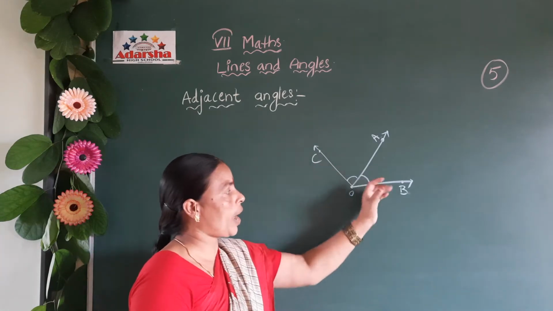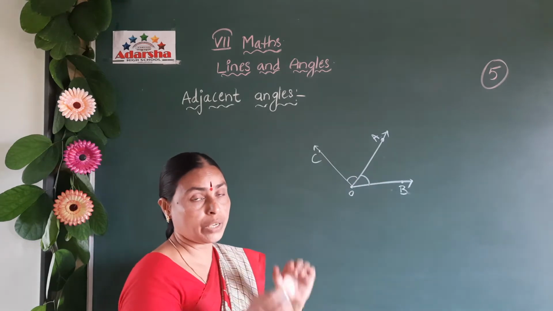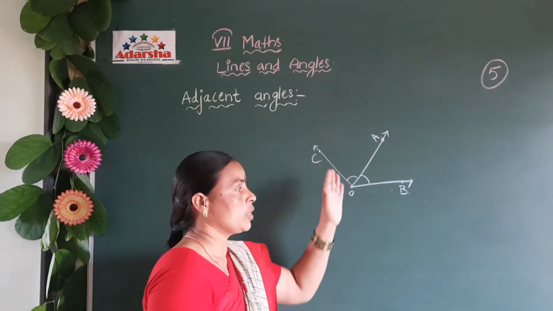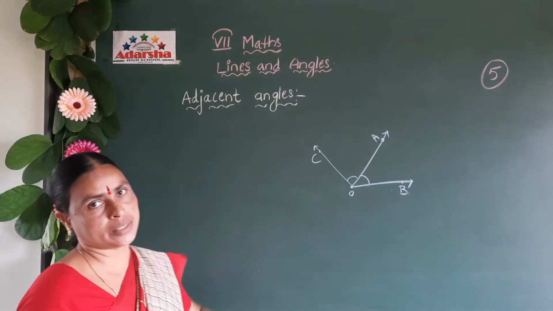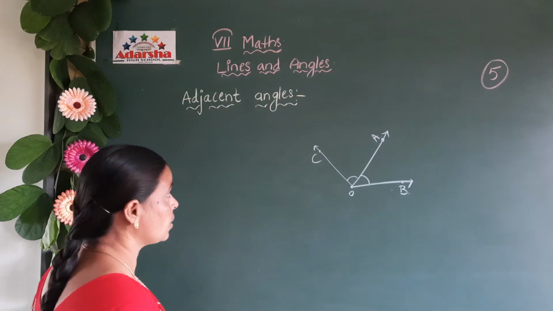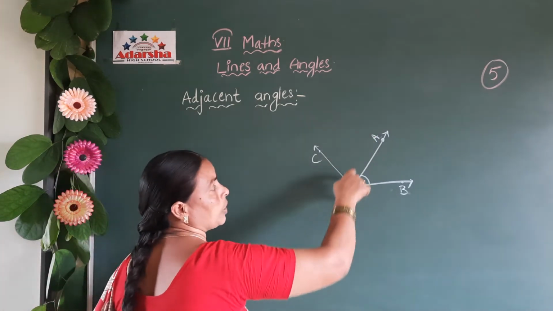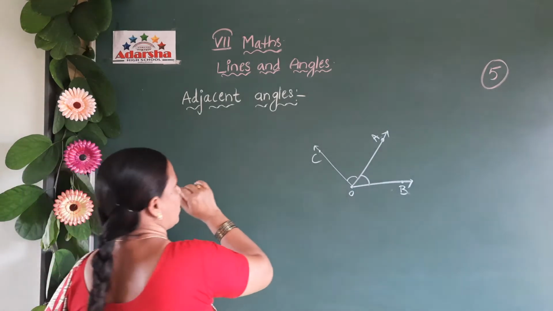Here these two angles have the common vertex and the common arm. If two angles have a common vertex and common arm, then those angles are called adjacent angles. What are adjacent angles? If two angles have the common vertex and common arm, then the angles are called adjacent angles.